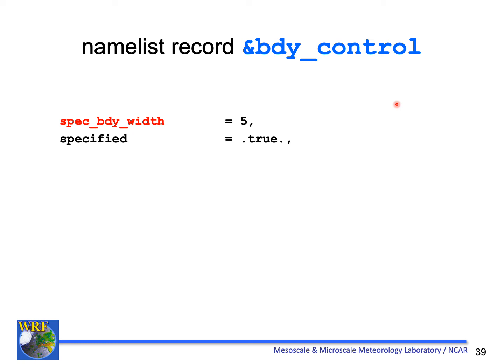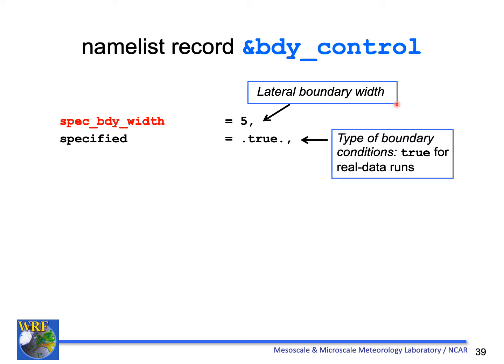Here is another namelist we may want to consider, which is about the lateral boundary zone. Spec BDY width is the number of grid points where forcing data applies in the model. The type of boundary condition is specified, and this is for real data.